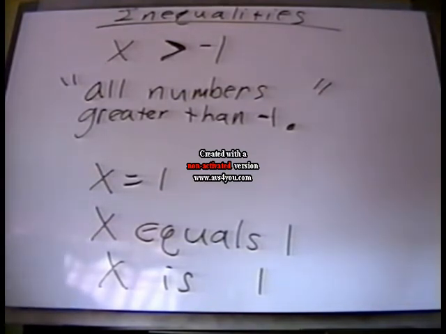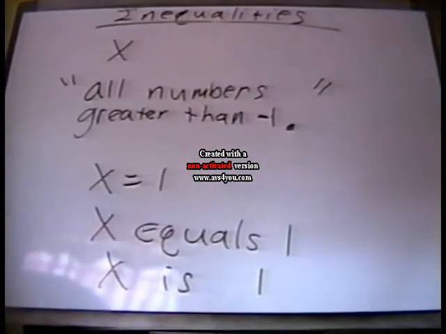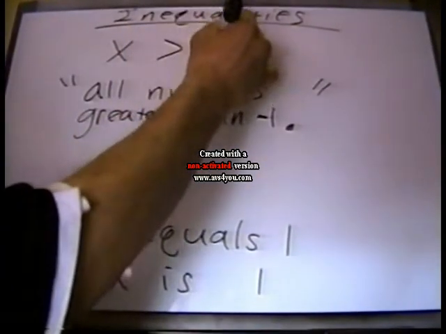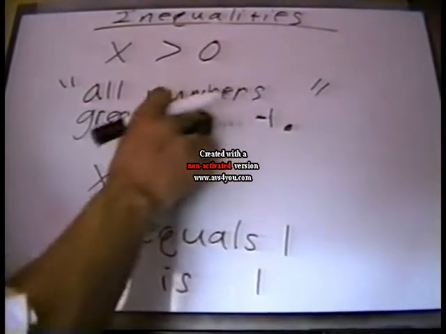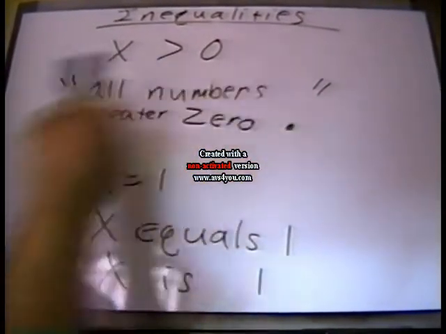Okay? If I write x is greater than 0, that means all numbers greater than 0. Okay?